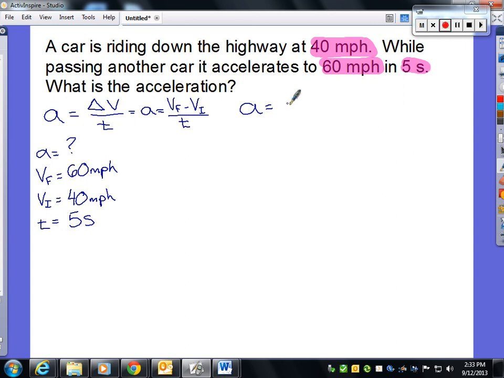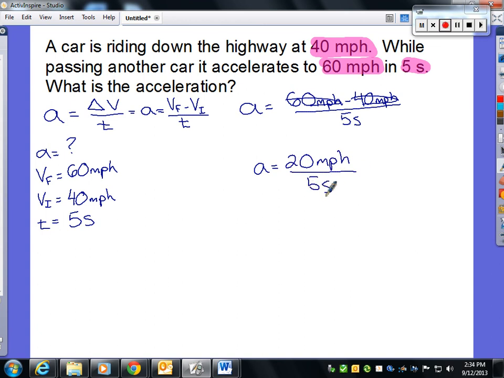So we do A equals 60 miles per hour minus 40 miles per hour all over our 5 seconds. So we come down here again, A is equal to, first thing we're going to do is simple subtraction. 60 miles per hour minus 40 miles per hour is 20 miles per hour all over 5 seconds.